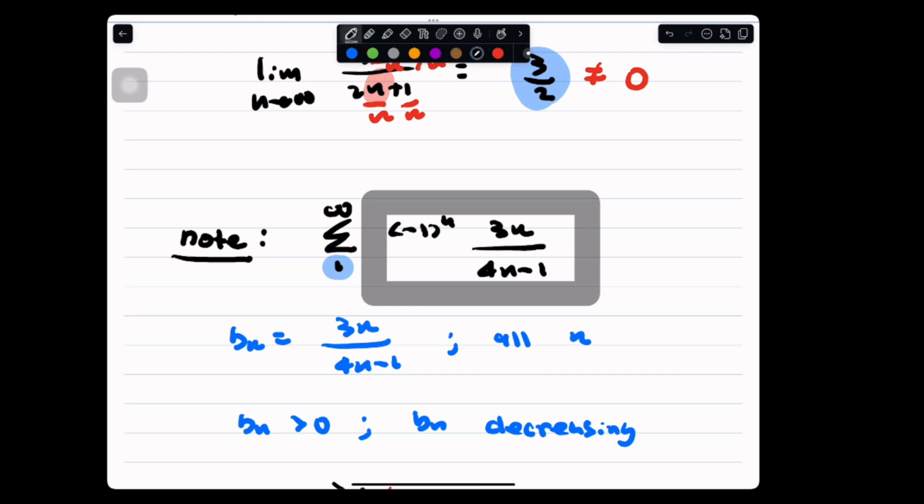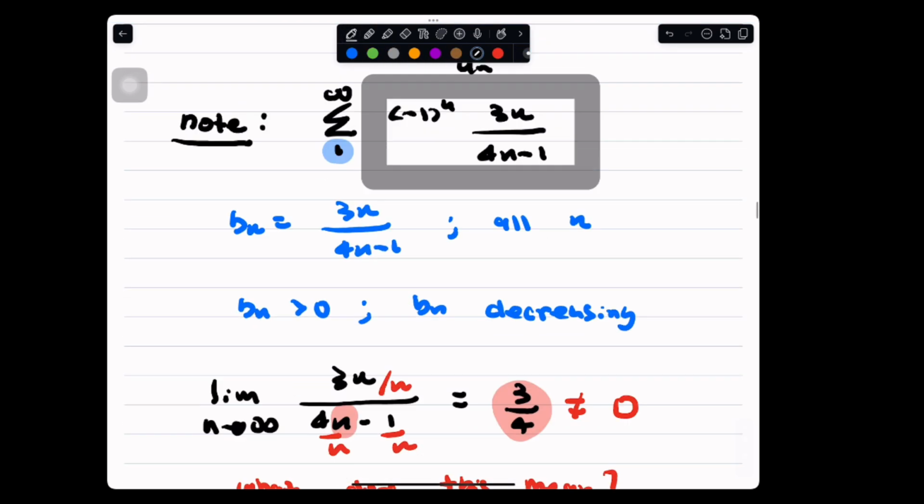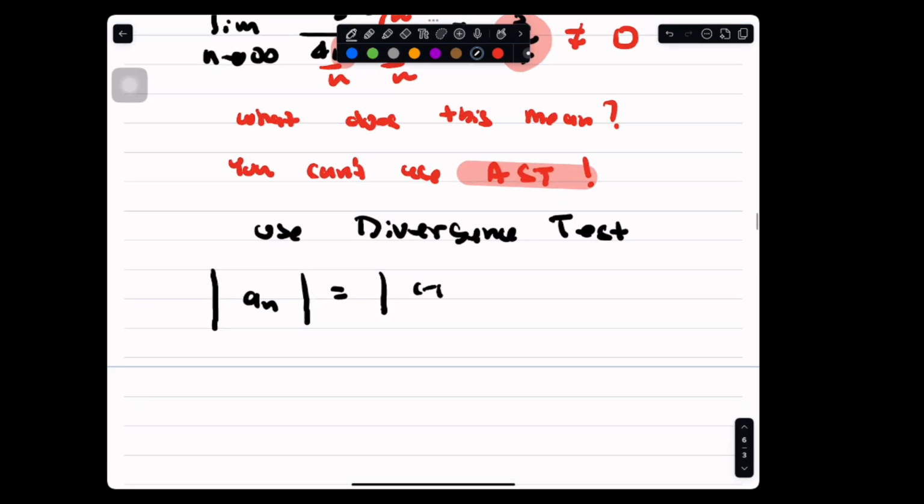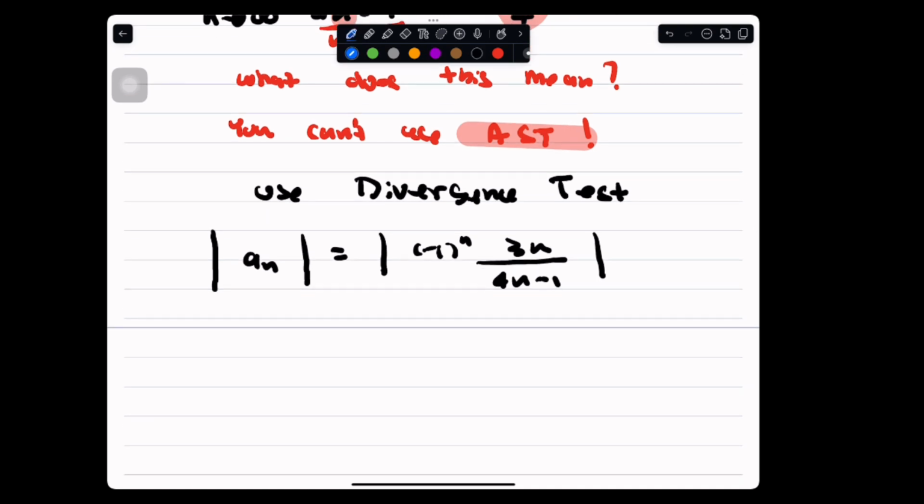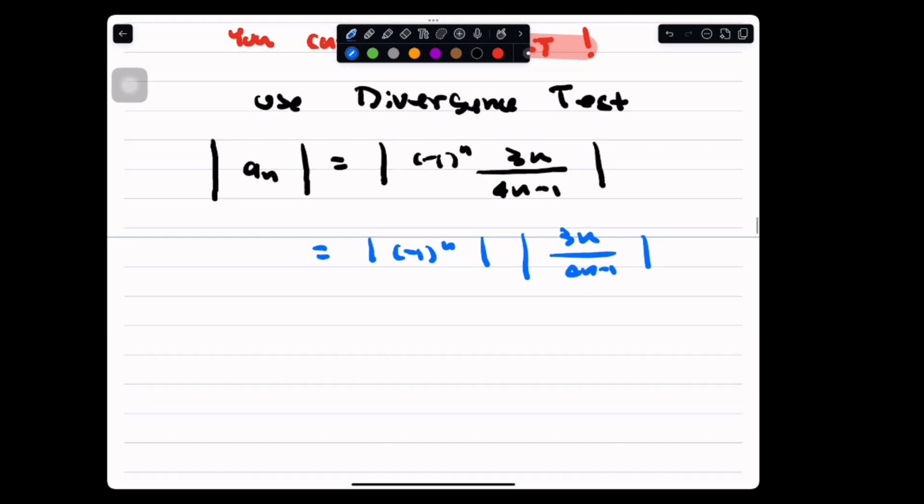Okay? So I want to point this out to you. AN is negative 1 to the n, 3n over what? 4n minus 1. Use your properties of what? Absolute value. Now, at this point, we said, Mr. Judge, I think I understand a few things here.